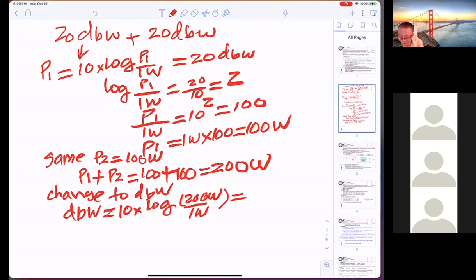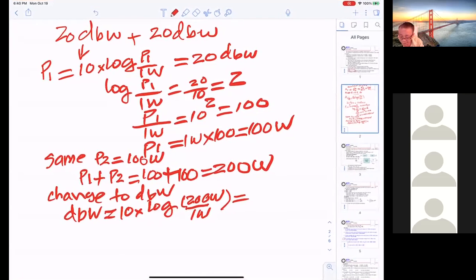You take the log of 200, then times 10, you get 23, right? Yes, sir. 23 point what? 0.01. That's okay. dB watt.